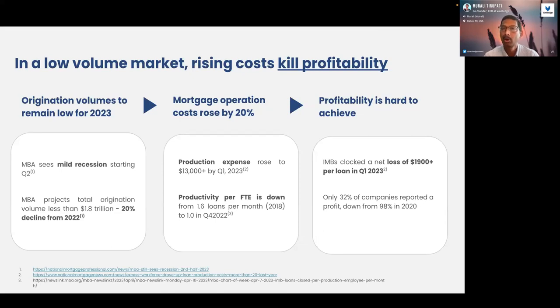And in fact, on average, IMBs clocked a net loss of close to $2,000 in Q1 2023, right? So it's a pretty difficult situation from a cost and profitability perspective. These are what the overall industry metrics, industry surveys, are telling us.